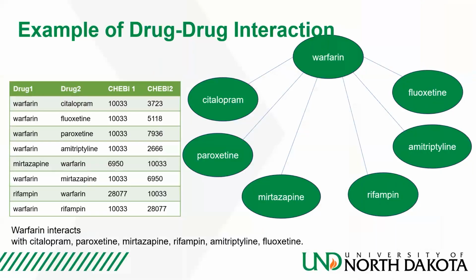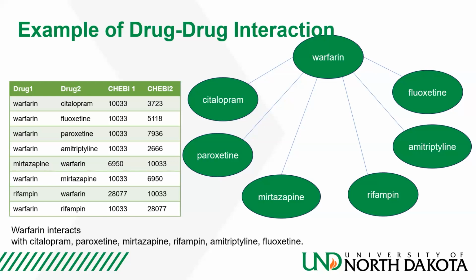So now let's look into an example drug-drug interaction. Here in the table, you can see several drug interaction pairs, and there is a common drug among them. It is warfarin, and this warfarin interacts with 6 different drugs based on the dataset we have used.